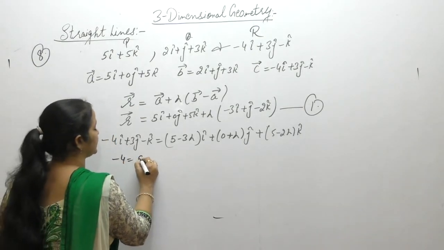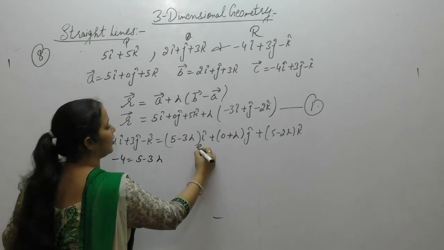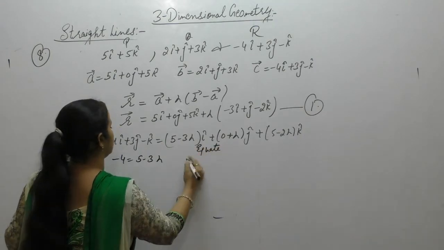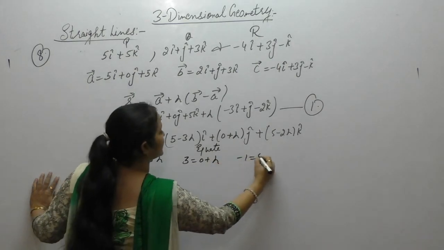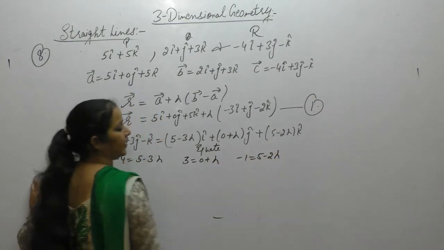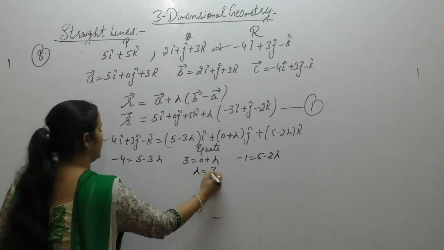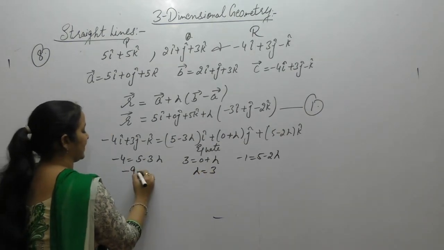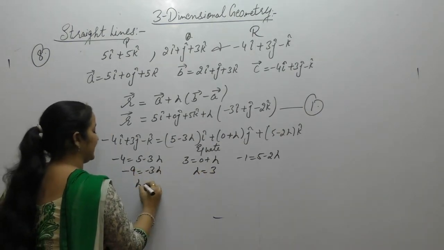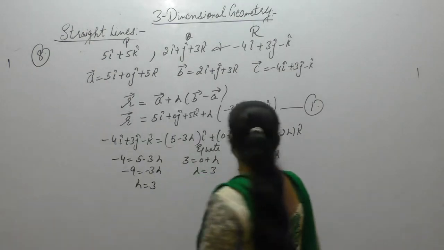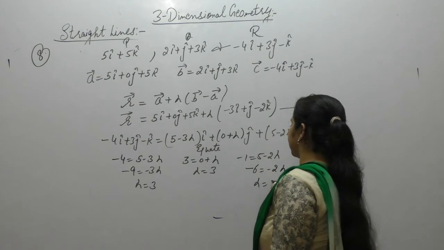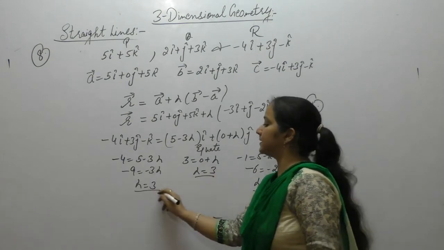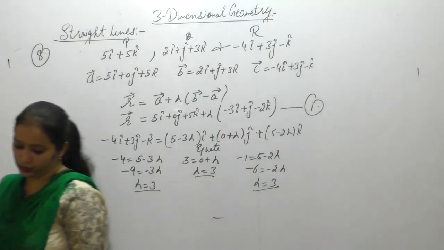So minus 4 is equal to 5 minus 3 lambda. On equating like coefficient terms, 3 is equal to 0 plus lambda, and minus 1 is equal to 5 minus 2 lambda. Find the value of lambda. Minus 4 minus 5 is minus 9, so we get lambda as 3. Minus 1 minus 5 is minus 6, so lambda is 3. Lambda from all these three equations has the same value.